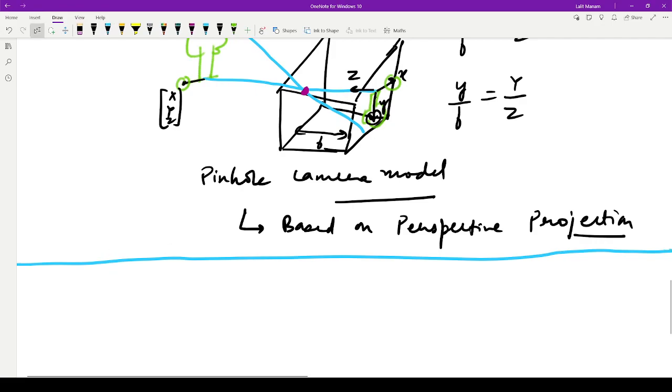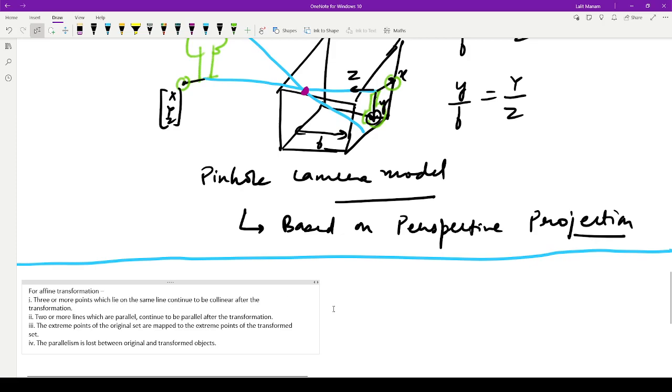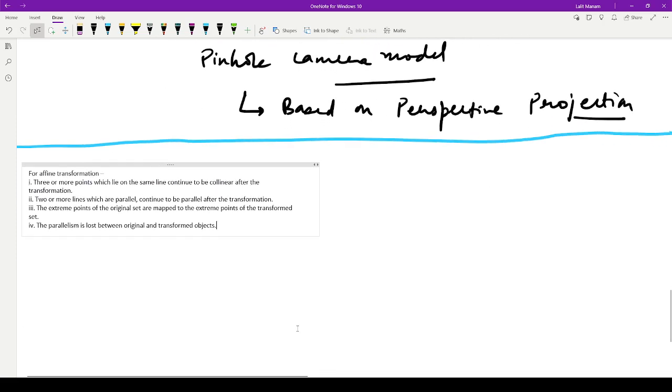Sir, I have a small doubt. Is it true that the image always forms at the distance of the focal length itself? The image can be formed anywhere, but if you want a sharp image, you have to make sure that the image plane is at the focal length.